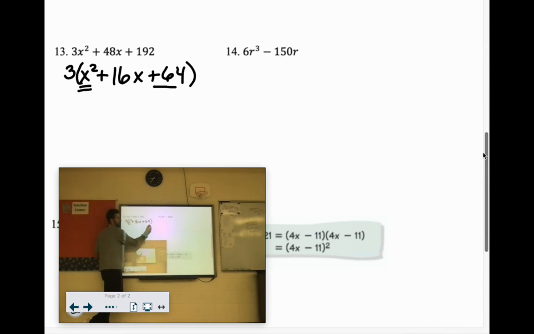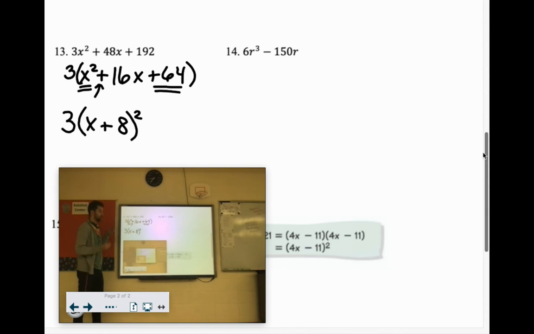Is the last term a perfect square? Yes. So we'll have our 3 on the outside. Square root of x squared is x. Square root of 64 is 8. And then the middle would be our first symbol. So x plus 8 squared. Double check. If I multiply these two together, x times 8, and then multiply by 2, do I get 16x? Hey, all right. We did it.